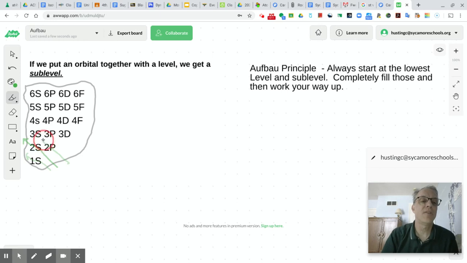We keep going if we have more electrons, and then the next level and sublevel is the 3s. Okay. So again, we've put 2 in here in this 1s2, or this 1s can fit 2 electrons. We then go to the second energy level and sublevel, 2s. I can fit 2 electrons in that orbital.